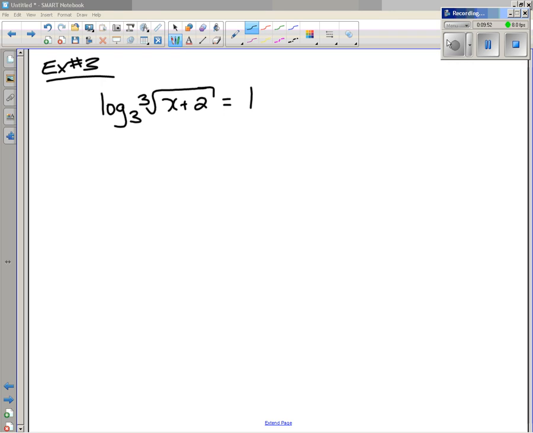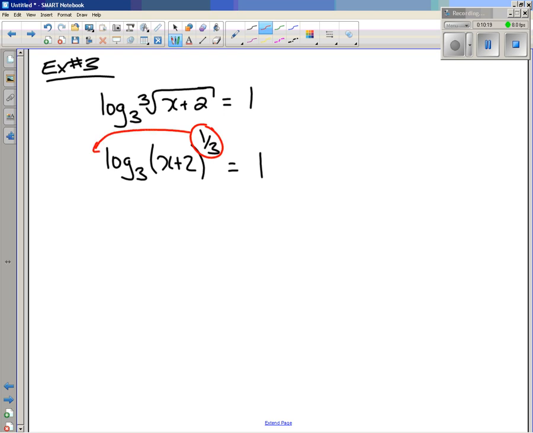What is another way to write a cubed root as an exponent? 1 over 3. So we can have log base 3 of x plus 2 to the power 1/3. And we're still looking at that when it equals 1. Well, that's just an exponent. 1/3 is just an exponent.